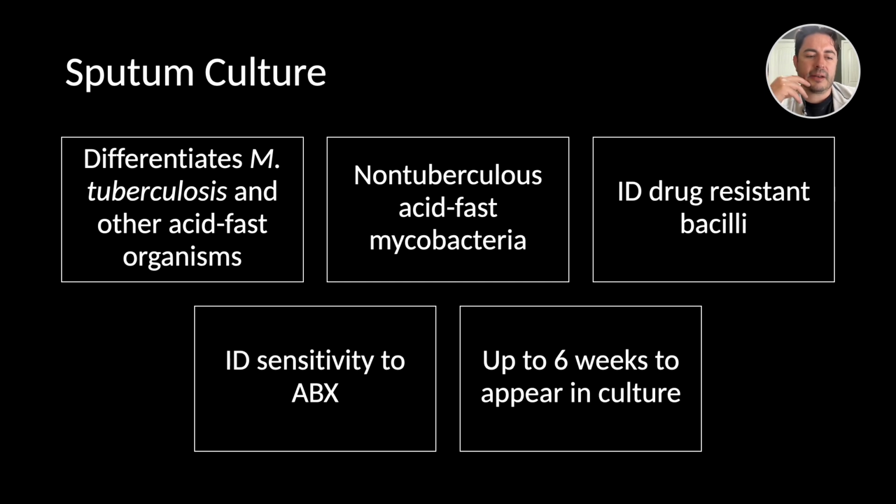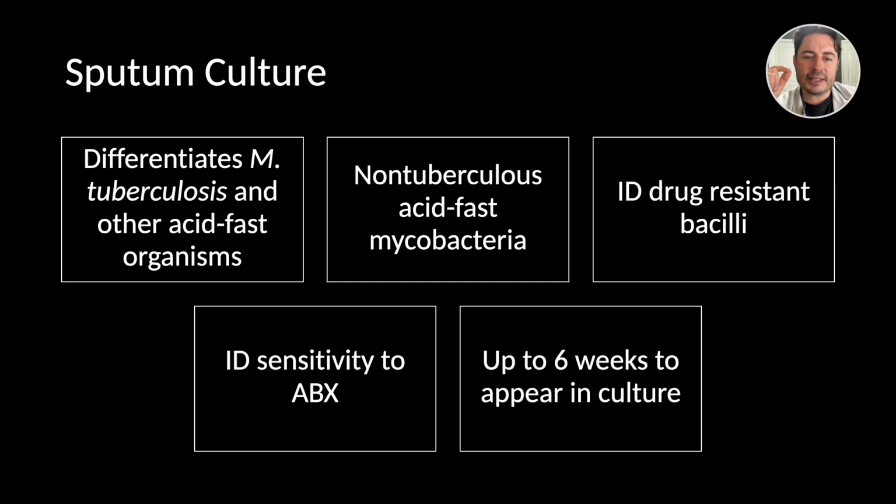We can also identify if the strain or the type of TB is drug resistant. And if it is, or if it isn't, I can still identify which antibiotic the bacteria is sensitive to, meaning I can identify which antibiotic I'm going to use to kill that bacteria.